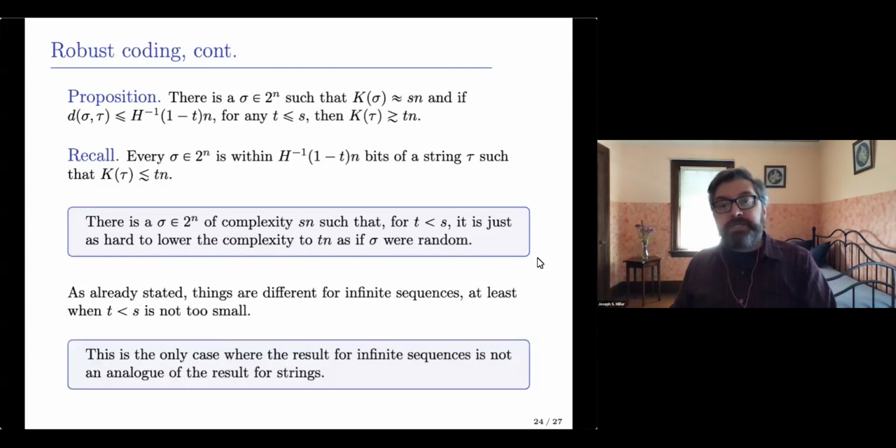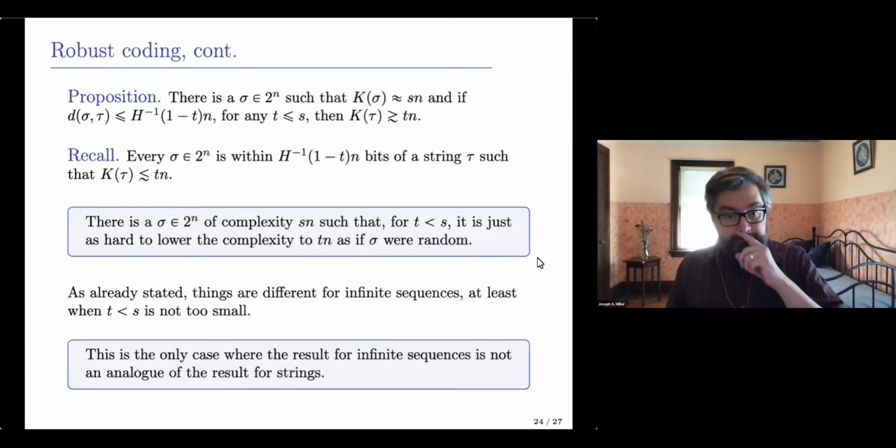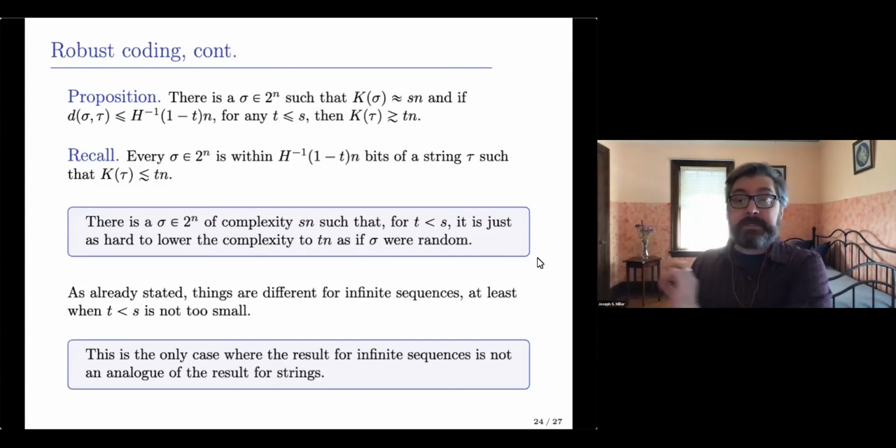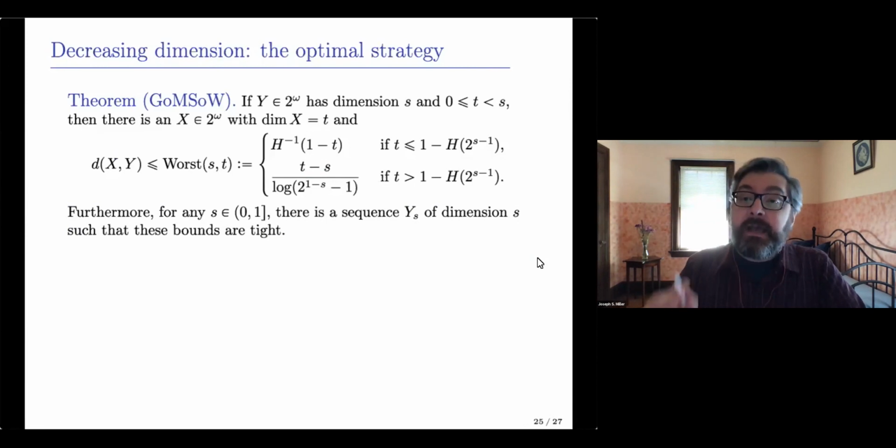So all of the other things that I told you about, the result for infinite sequences was an analog of the result for finite sequences. Here we have a situation where the result for infinite sequences holds for some pairs of values s and t, but not for all the pairs of values s and t.